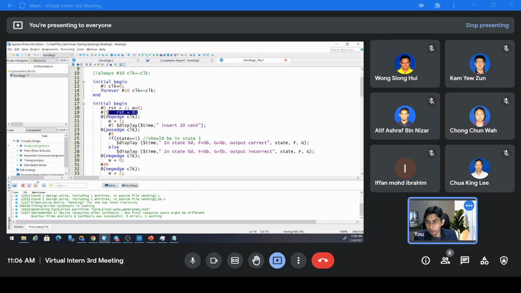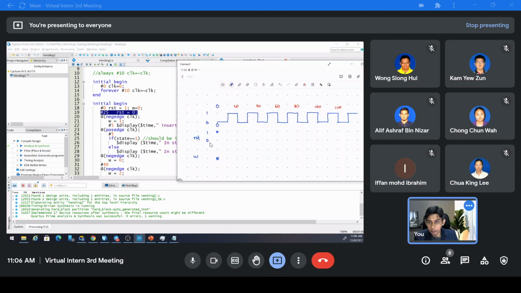What about this? This line means that another 25 nanosecond, something here, because this is 30, right? So 25 should be here. At 25, what we do is that we force the reset signal to be 0.